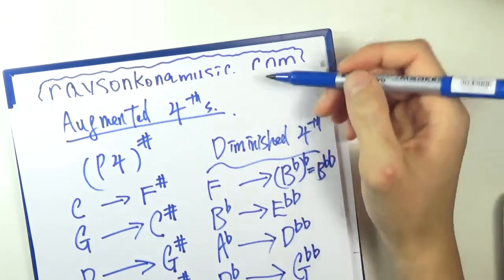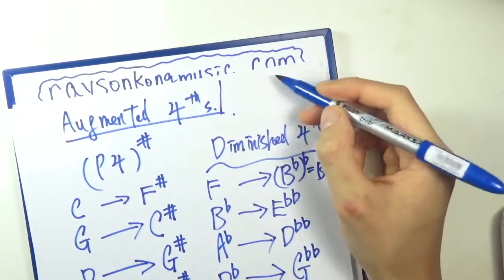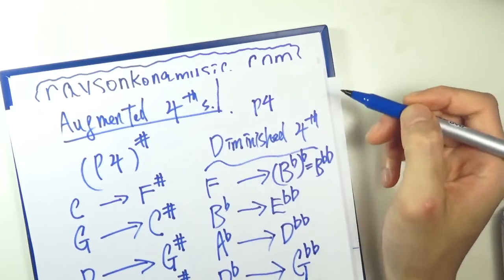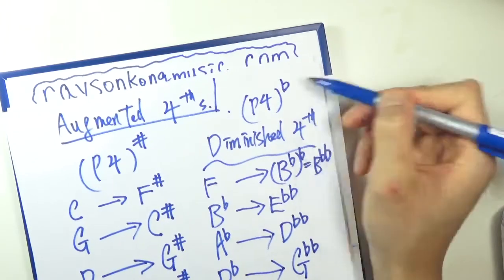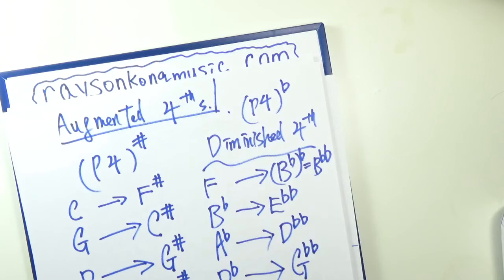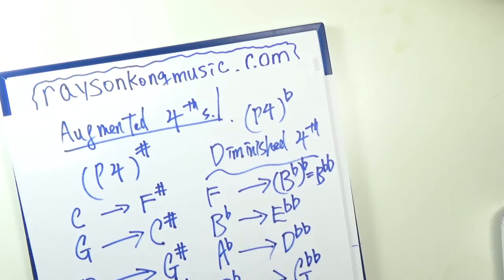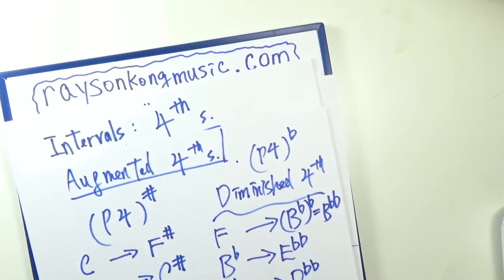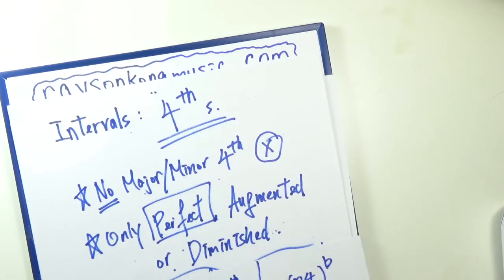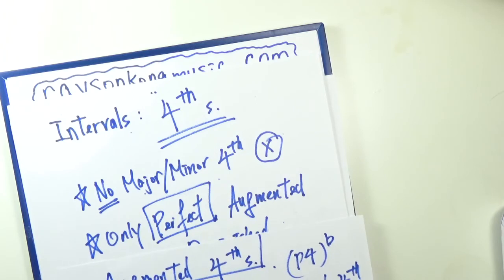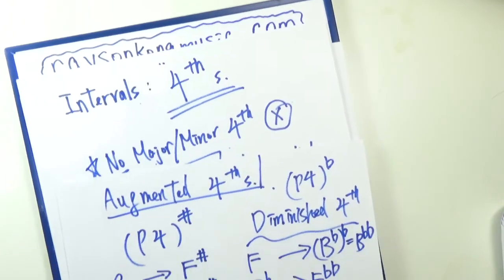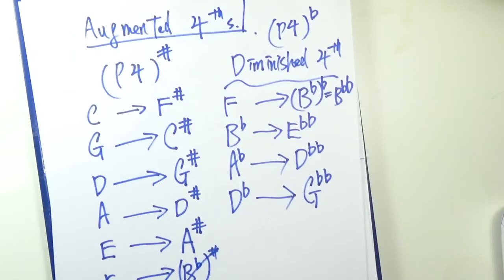All right, so I think I forgot to put down the rules at the beginning. So for diminished fourth, it's just a perfect fourth, but then you flatten that, kind of like the augmented and diminished thirds. Okay, so that's your fourths. Okay, so we did perfect fourths, and also augmented fourths and diminished fourths. Okay, so hopefully things are good.